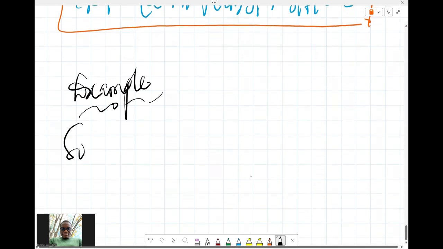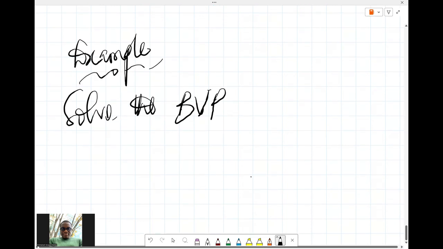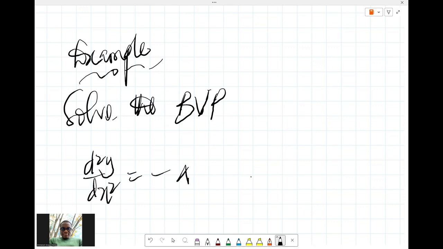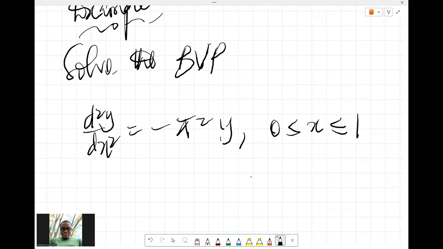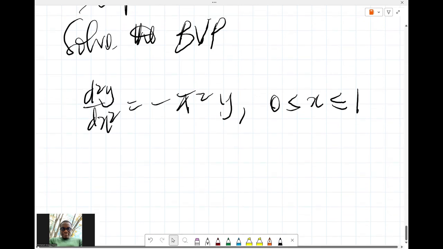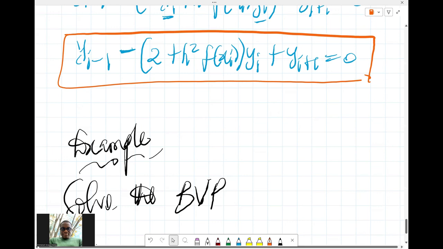So to solve the boundary value problem, d squared y dx squared equals minus pi squared y, and all of that is for x lying between 0 and 1, okay? X starting from 0 to 1, and we have the boundary conditions that y of 0 is 0 and y of 1 is equal to 0 also, okay?